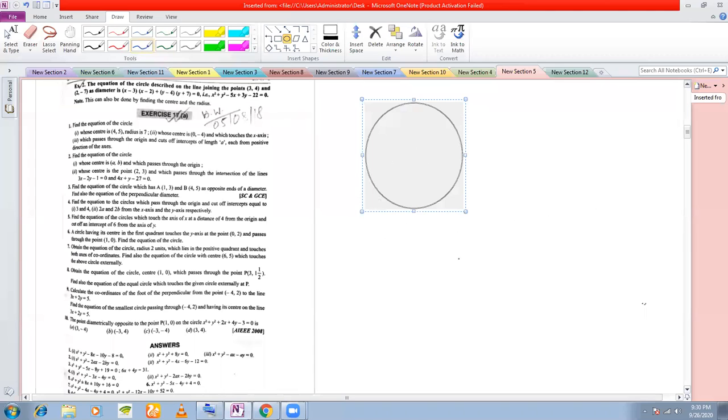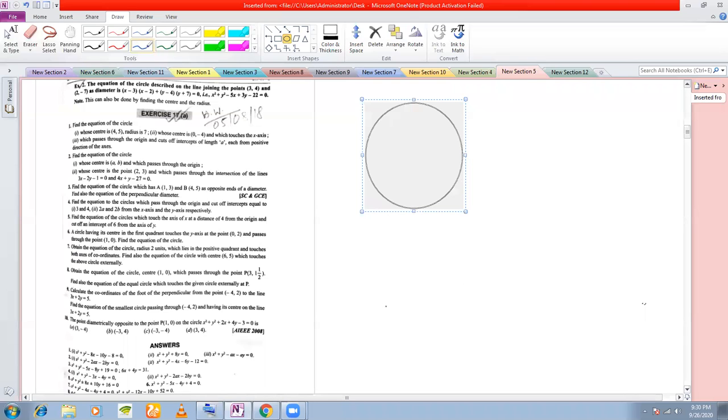Let us take this as x1, y1. You can take any one as x1, y1 and the other as x2, y2. The equation is x minus x1 into x minus x2 plus y minus y1 into y minus y2 equal to 0. Okay, so this is the equation of the circle. Now you can simplify this a little.